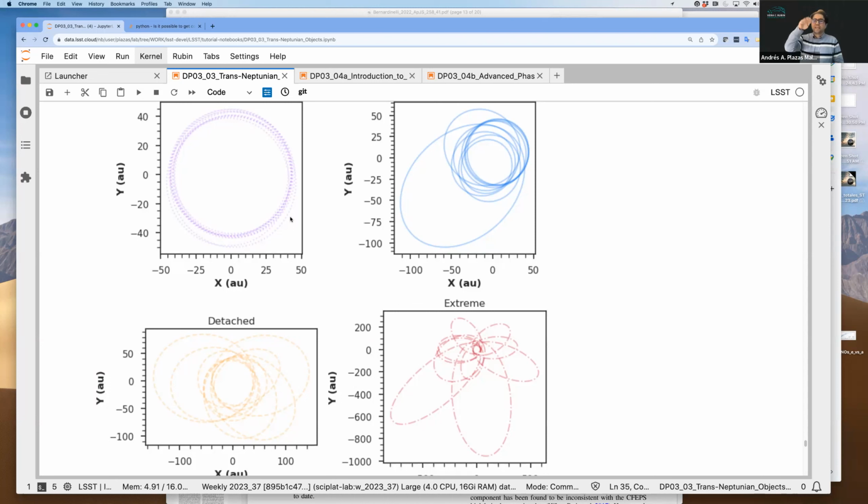So you want to rotate them to see the inclination as well? Yeah. Probably you can do that. And we do have some tutorials with interactive plotting, like using bokeh, one of the first DP0.2 tutorials. So that's definitely something that can be explored as well. Thank you for the suggestion.